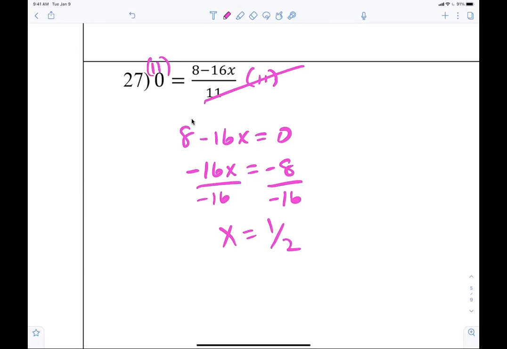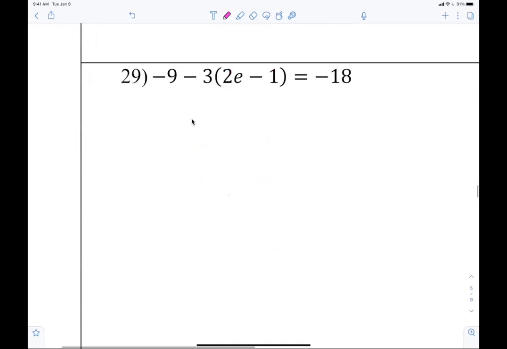All right, I don't write decimals. Tyler, go. So distributing. Okay, so -9 minus -6e plus, or wait, no, it would be plus 3 equals -18.